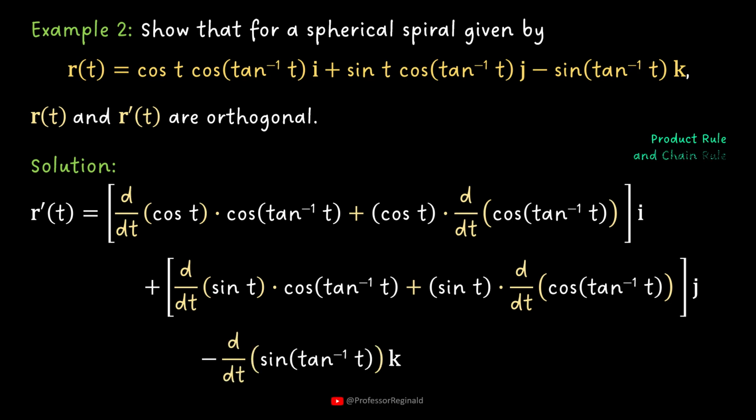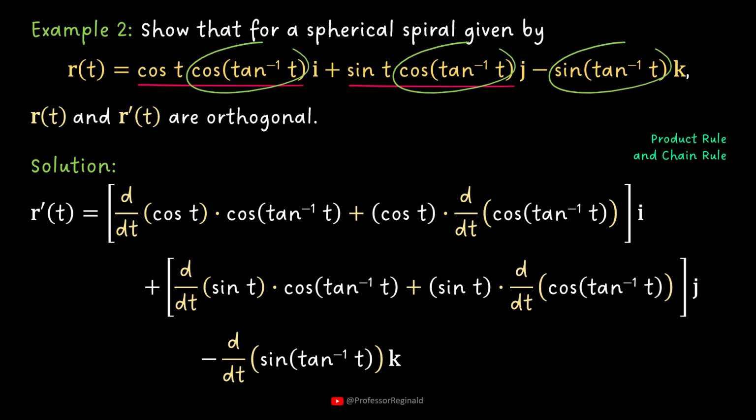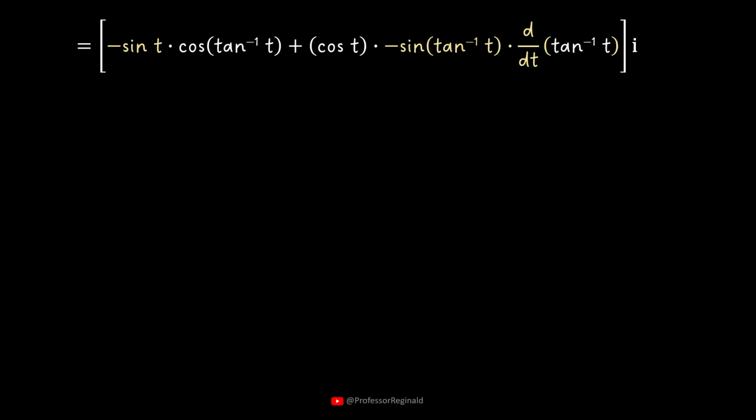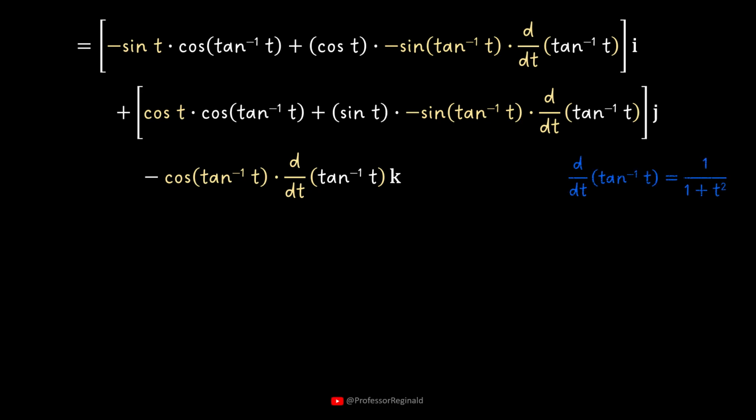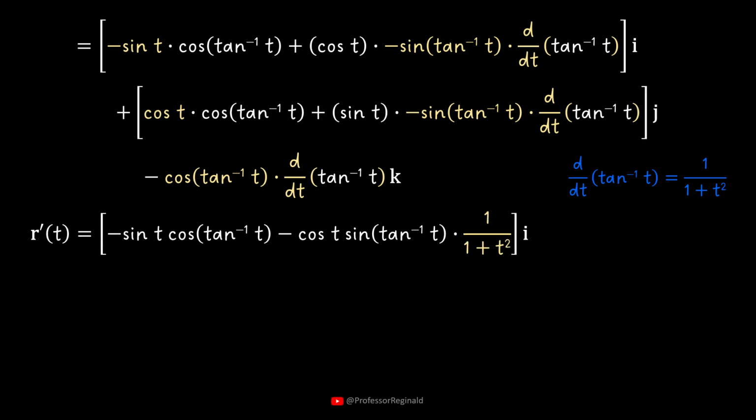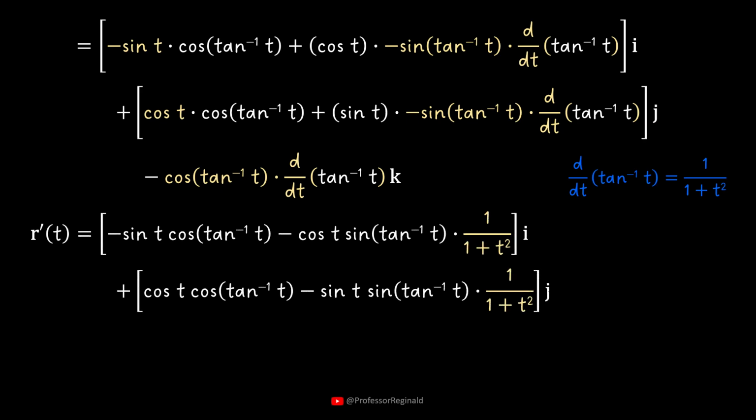Apply the product rule for products and the chain rule for composite functions, and use trigonometric function rules. Then find the remaining derivatives using an inverse trigonometric function rule, and simplify.